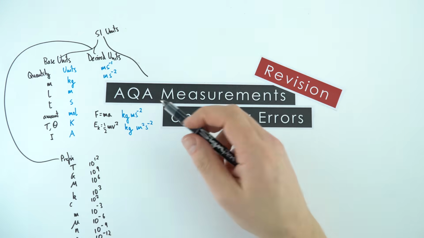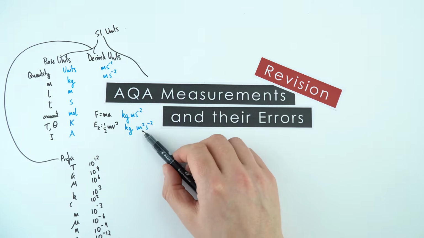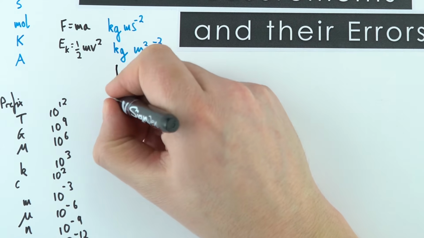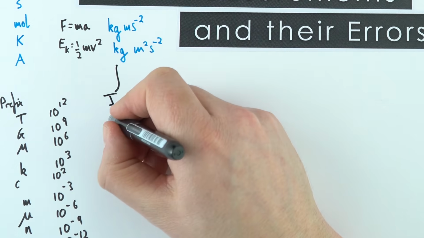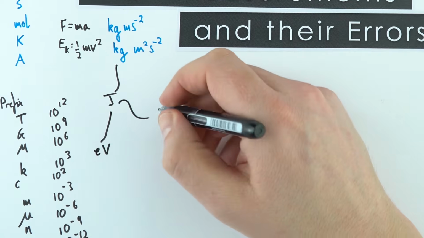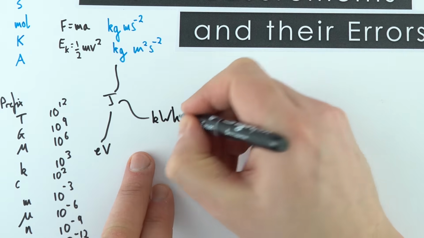Now, the other thing with these units is that we can measure energy in kilogram metres squared per second squared (kg m² s⁻²), but normally we use joules for energy. But sometimes we're looking at really small energies and electron volts are used, and other times we look at things like household electricity, where it's more appropriate to use a kilowatt hour.